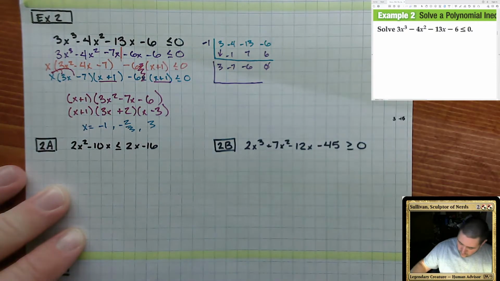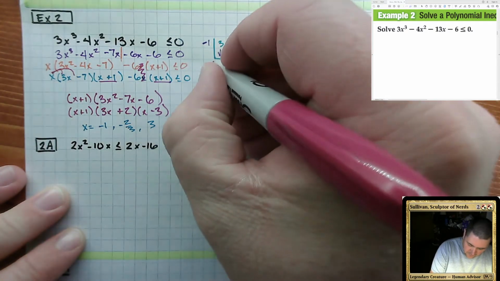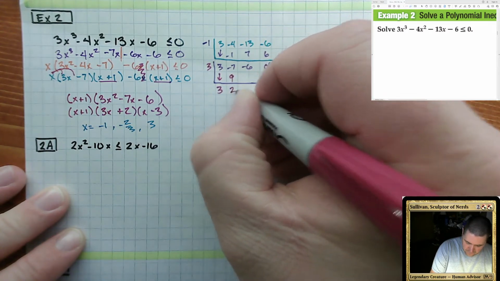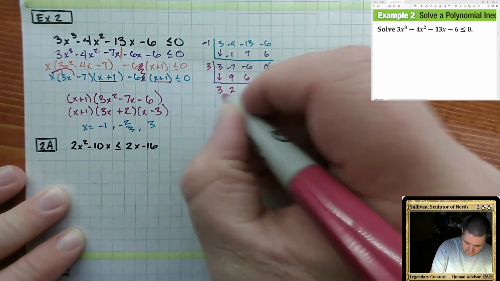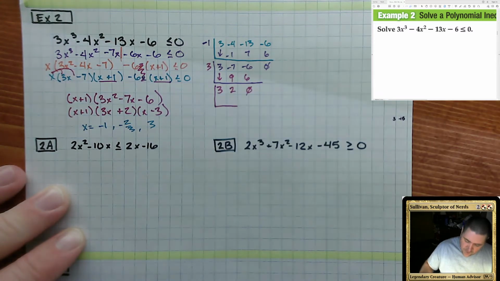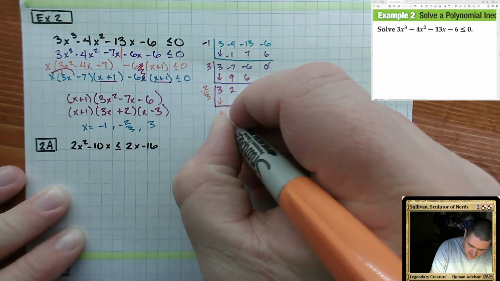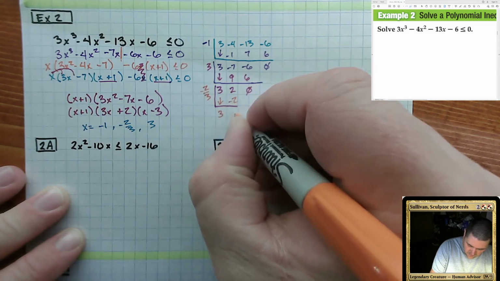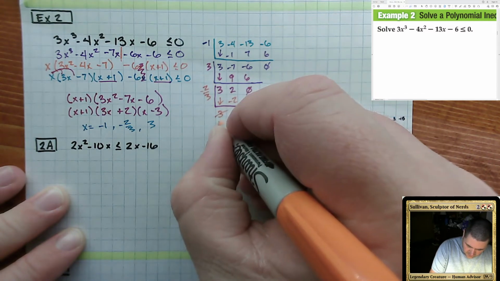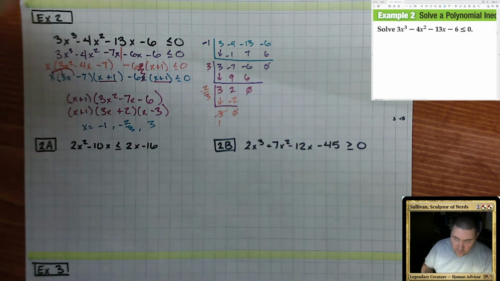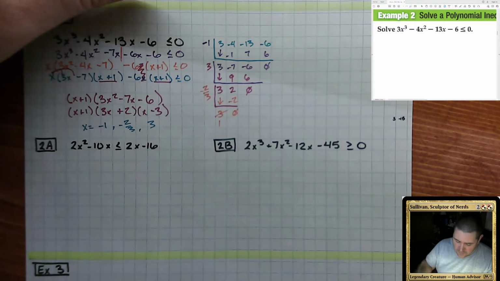And I'll feel really lucky about a 3. And then I'll feel really lucky about a negative 2/3. And then remember to divide that down because it was actually 3x plus 2, not x plus 2/3.